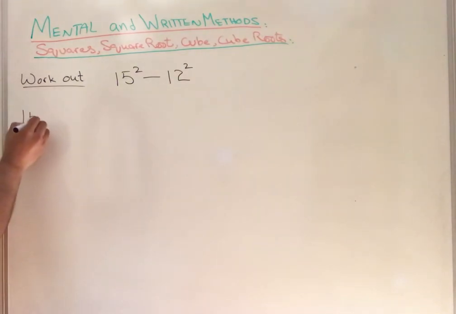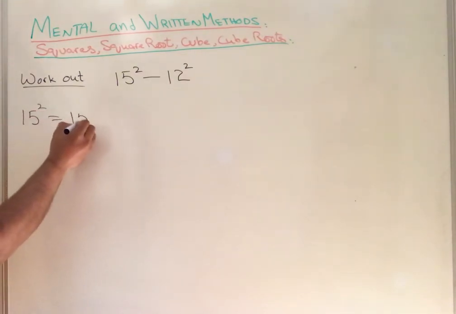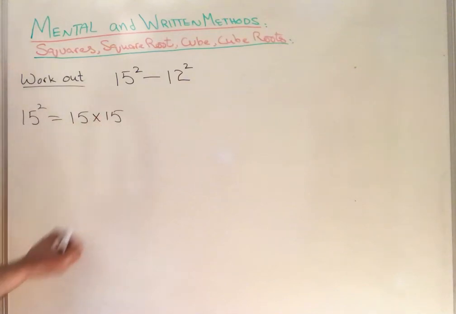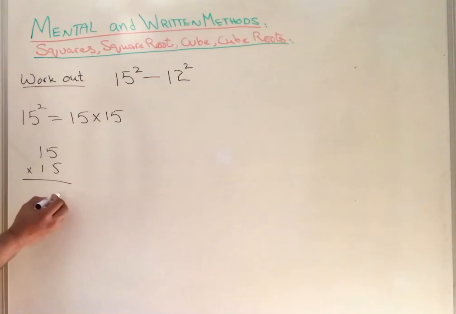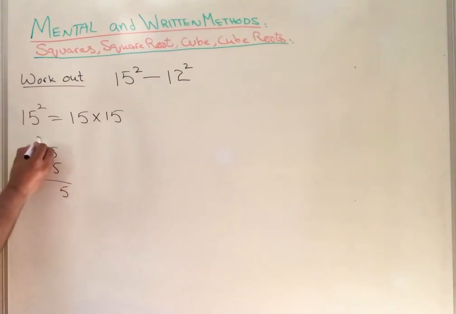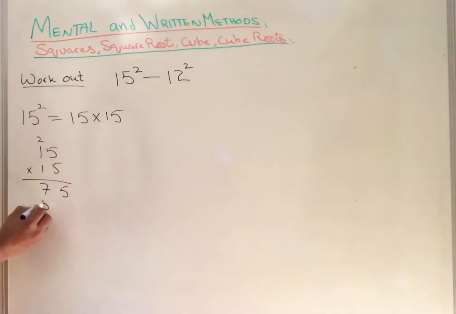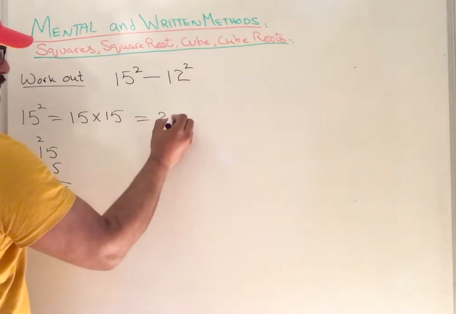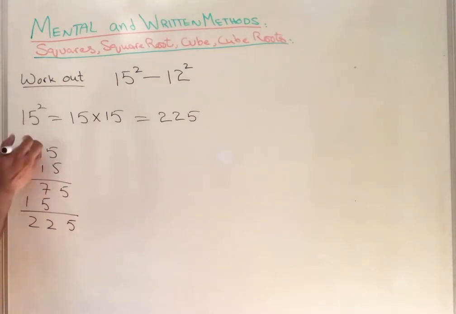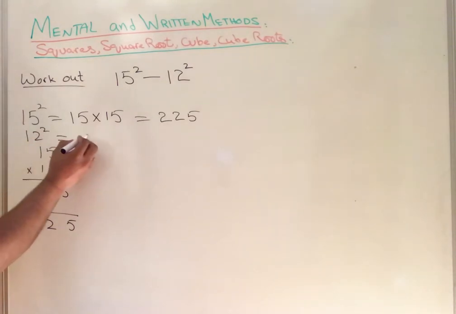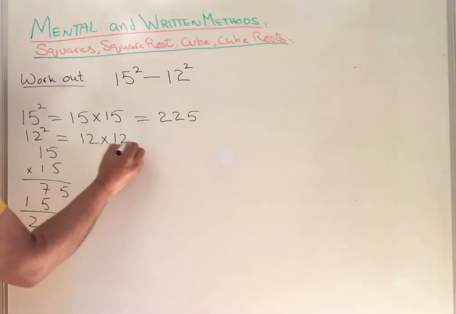What does 15 squared mean? It is 15 times 15, then you can multiply. 5 5s are 25, carry 2. 5 1s are 5, plus 2 is 7. 1 5 is 5, 1 1 is 1. That becomes 225.